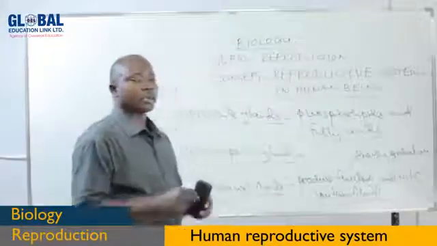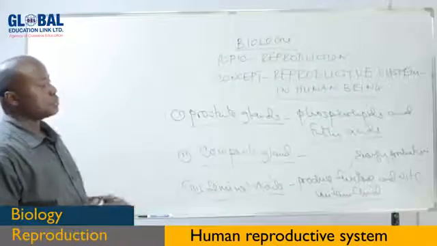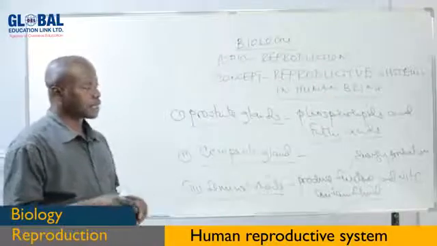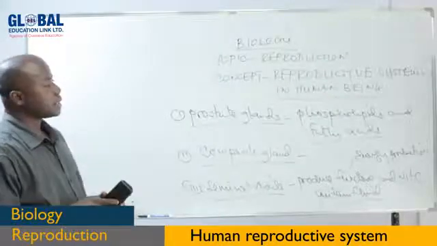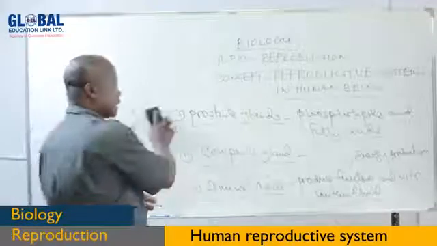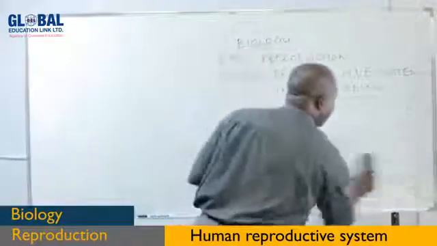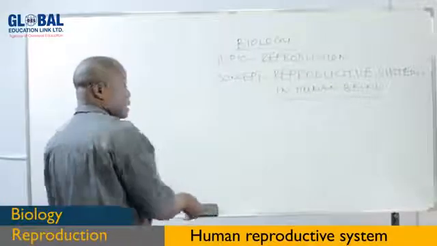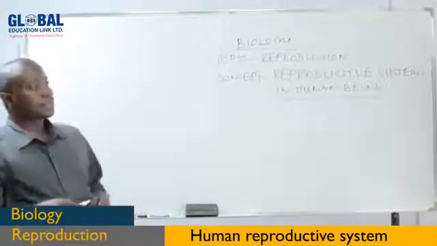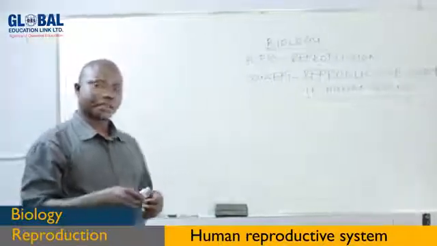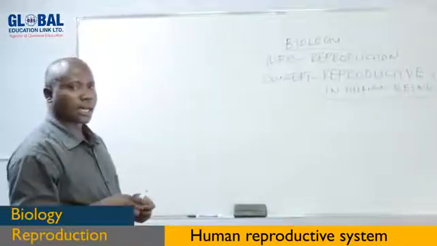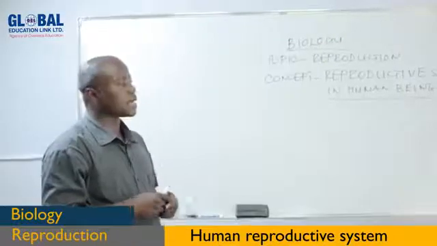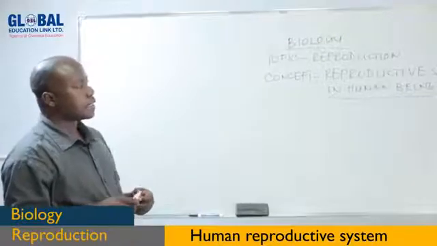That will enable the spermatozoa to swim into the female reproductive tract in search of female reproductive cells. Therefore, dear students, these are the functions of the accessory glands in the male reproductive system.